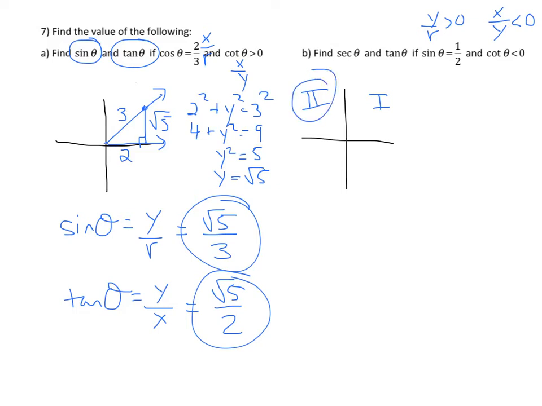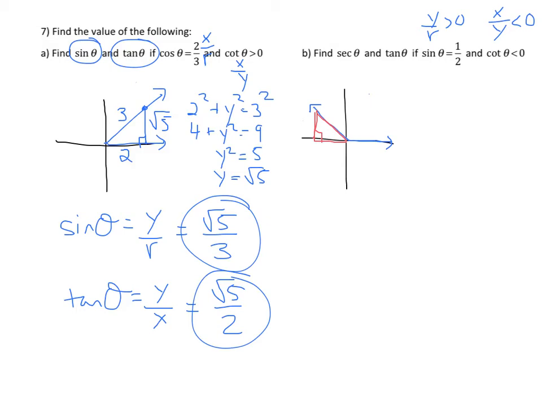So we want to draw an angle that terminates in quadrant 2. So my angle might look like that. But the triangle we're going to use is with the reference angle, so the angle made with the x-axis, and sine of theta is 1/2, so that means that's y over r.